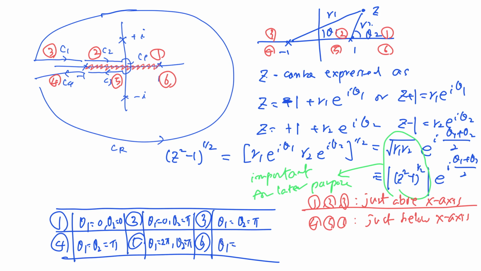Theta 1, you have to circle around, so it's 2 pi. Theta 2 is 2 pi, right?